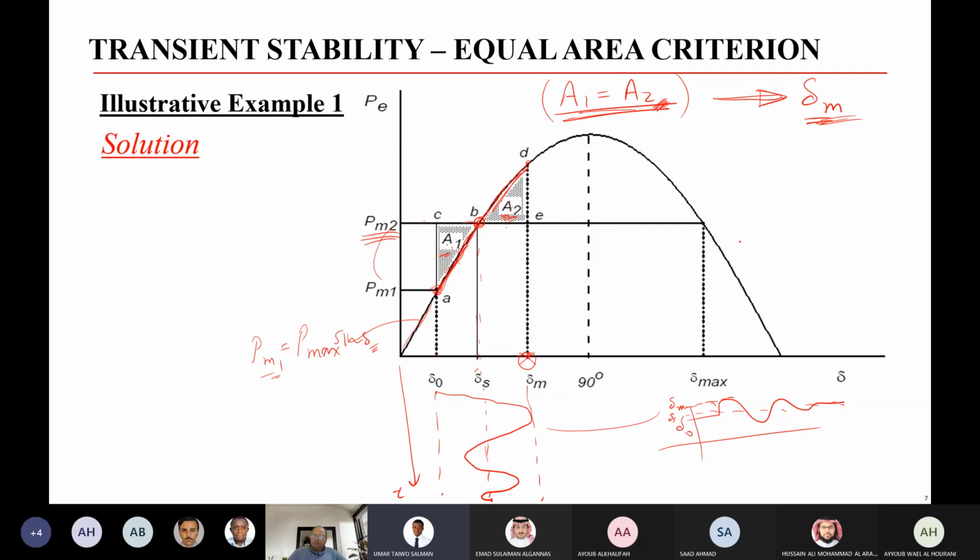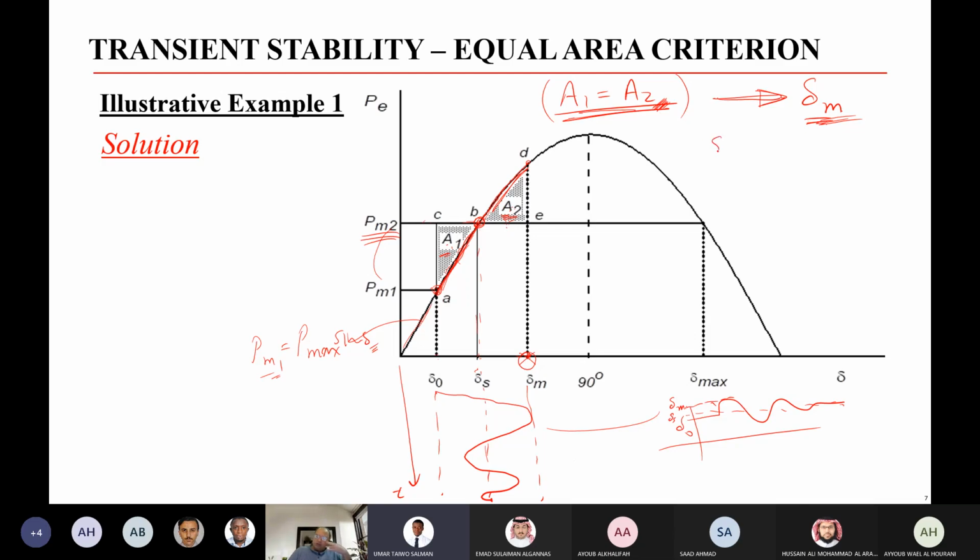One of the points to check to know that the system is stable is that the new operating point should move back to point B. If we are able to obtain delta M, and provided that the value of delta M is less than 90, I think that will tell us that the system is likely going to be stable.